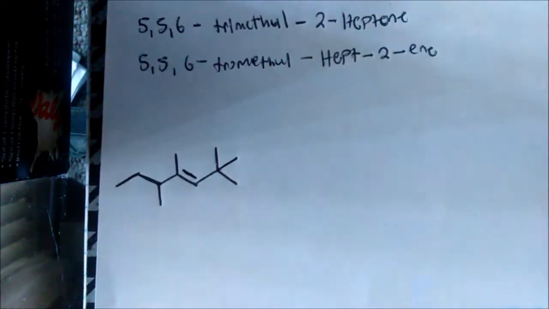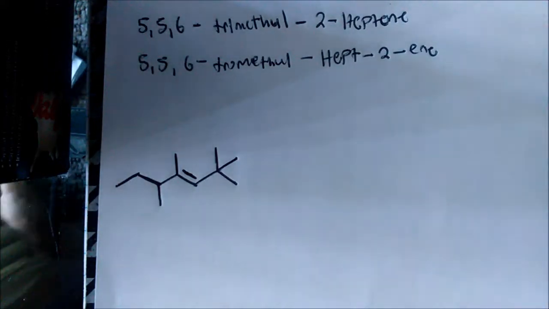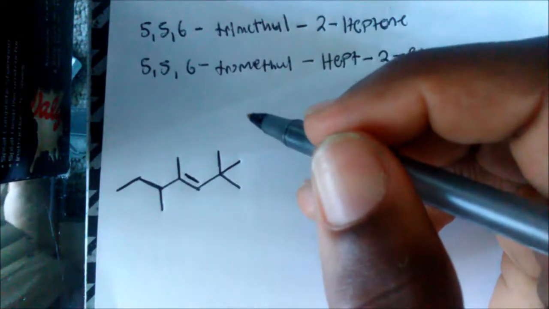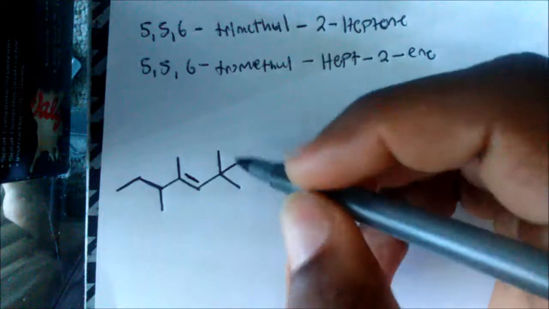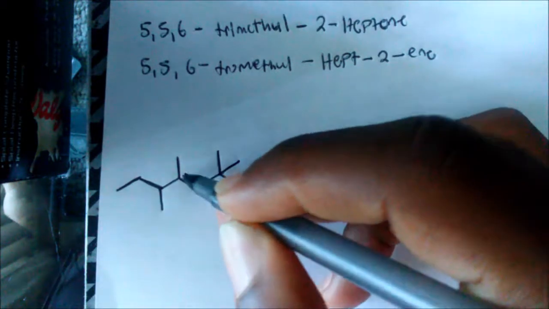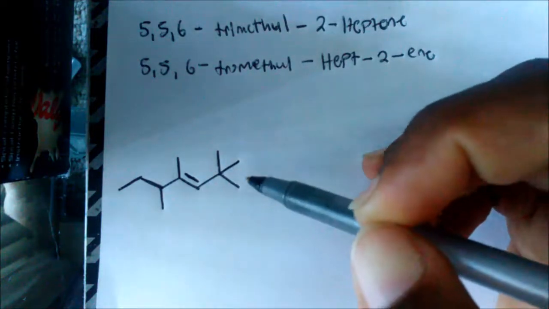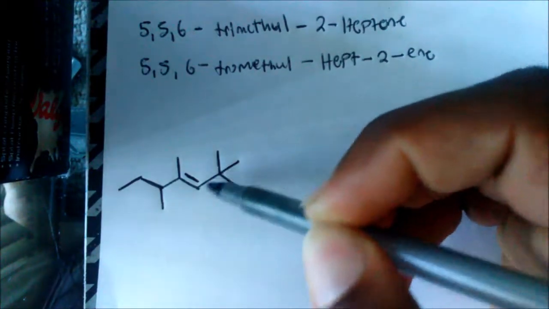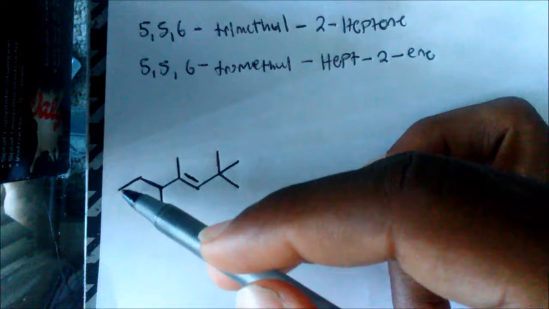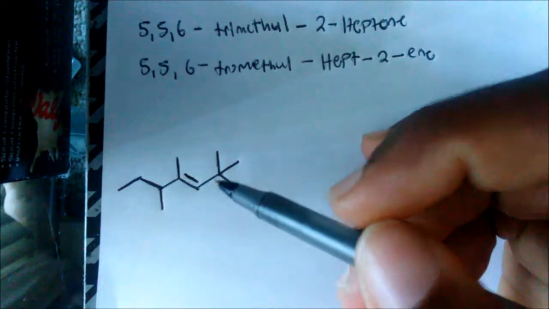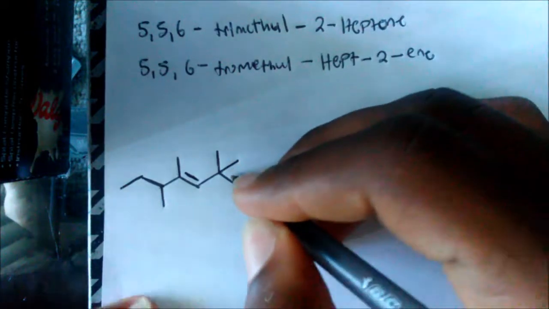What about this one? Let's see. Okay, well, let's count the longest continuous carbon chain, including the alkene bond. All right, so we have 1, 2, 3, 4, 5, 6, 7. Well, this gives the alkene bond at carbon 1, 2, 3, while this here, 1, 2, 3, 4, gives the alkene bond at carbon 4. So obviously we're going to label the substituents from here.